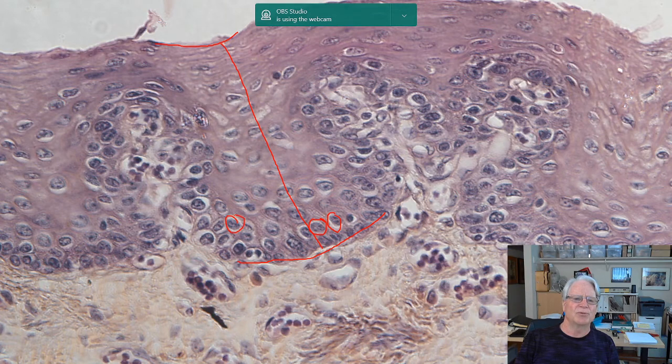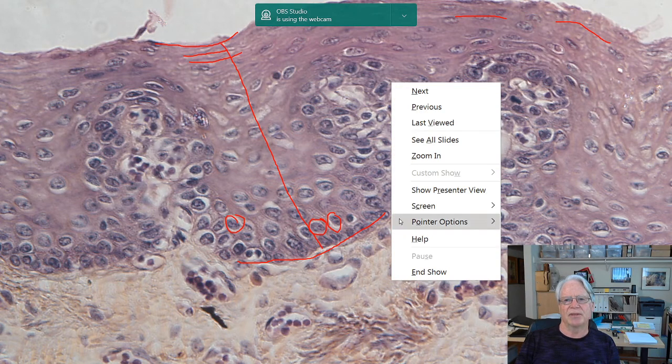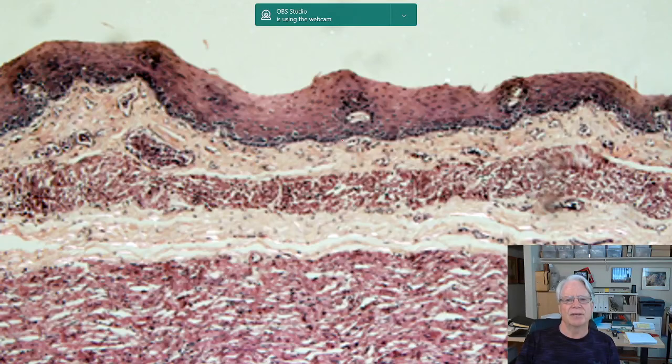They're more or less round or cuboidal. But by the time you get to the top, you see that it's got this kind of flattish appearance up here. And so when you see this very broad band and this pattern, you know that you're talking about stratified squamous epithelium.